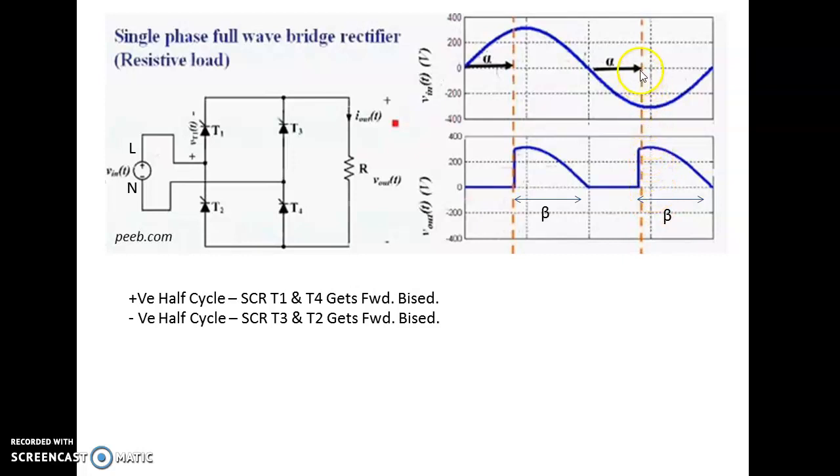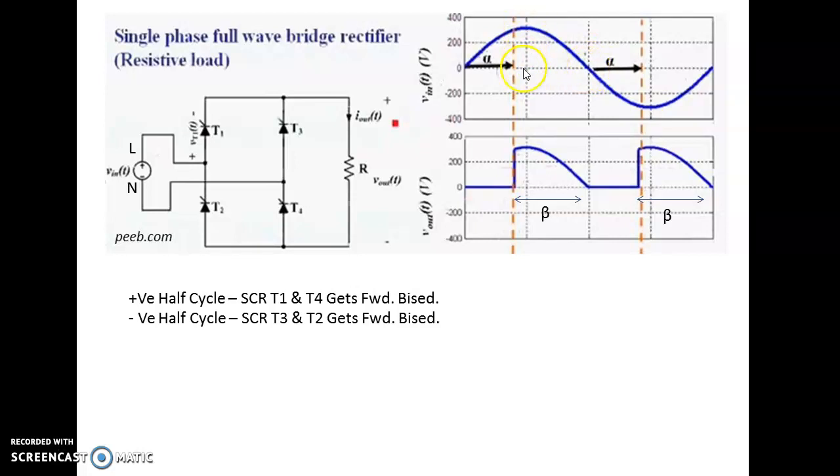Here also we can see the firing angle alpha is approximately 60 degrees. Here is our one half cycle of pi duration, and another half cycle of pi duration. This total full cycle is 360 degrees, and here is 180 degree phase angle.